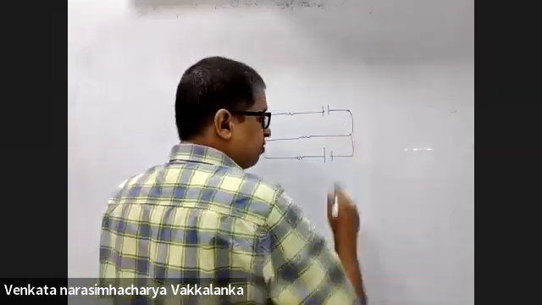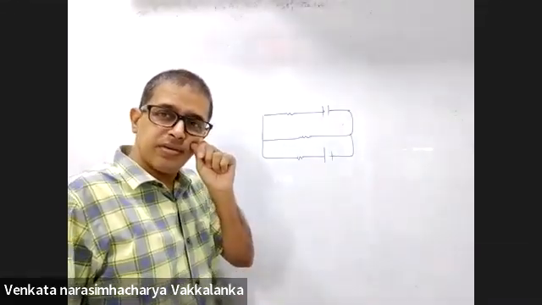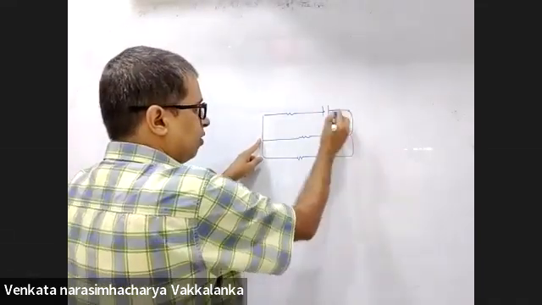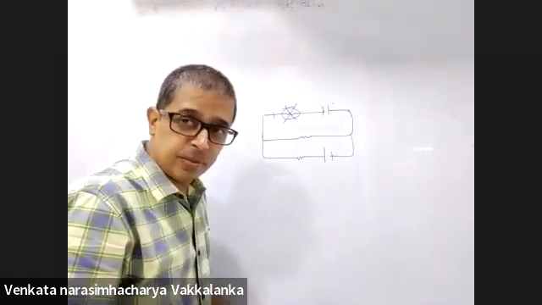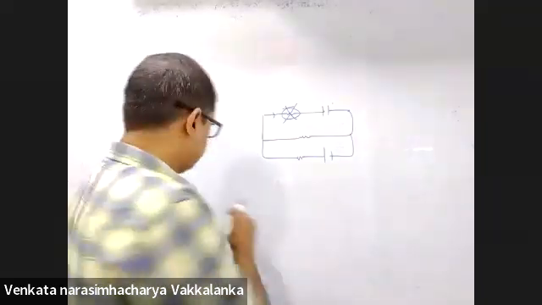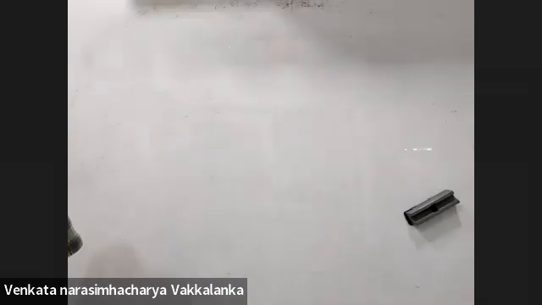Just when we learned KVL, charge on this capacitor. Have I done this? Yes. Potential difference across this whole will appear across the capacitor. Yes, sir. This problem was based on one more tricky problem.